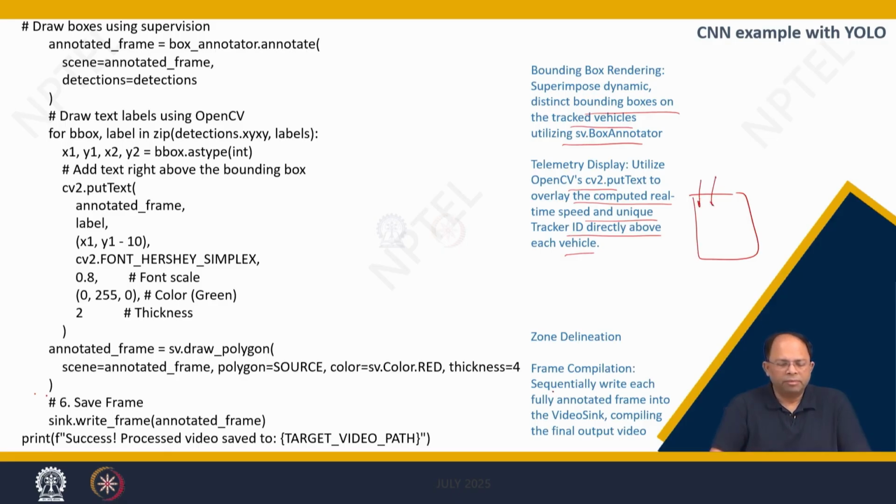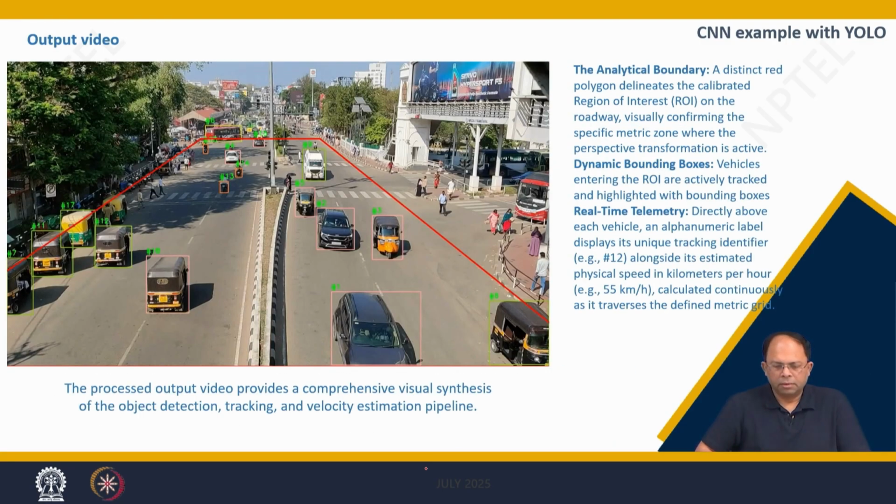Then we do frame-wise compilation, sequentially writing each fully annotated frame into the video sink, compiling the final output video. So once we have put all the data that we want into the frames, we can write the frame and save it in the form of a video. So this is how it looks.